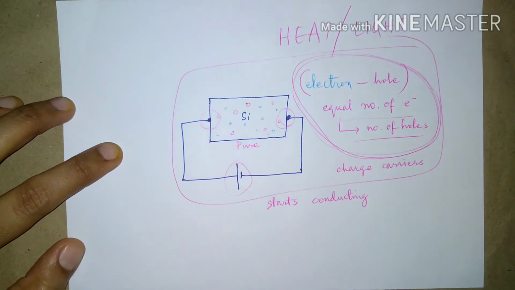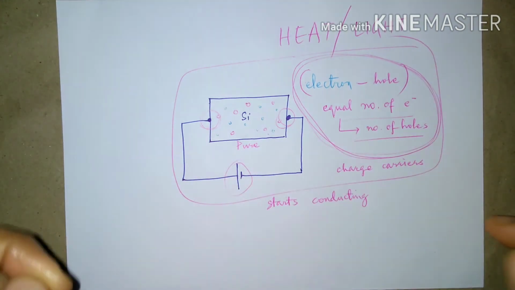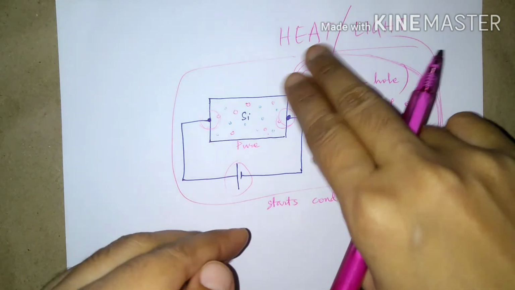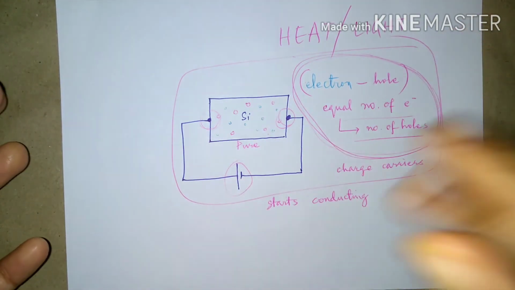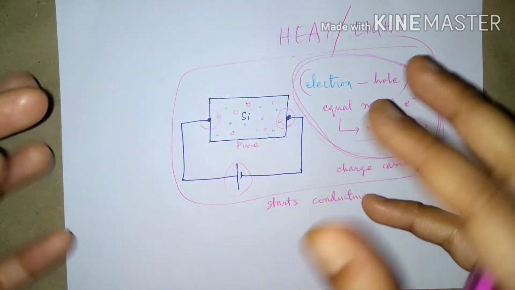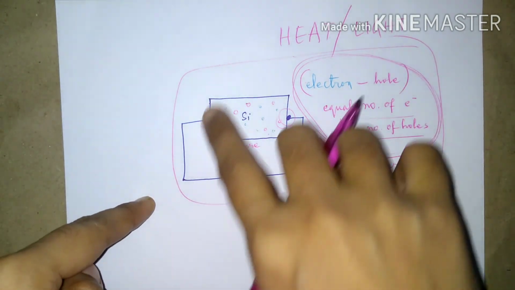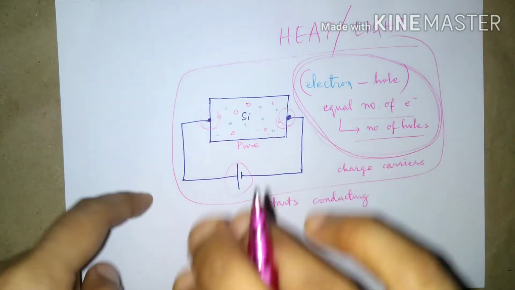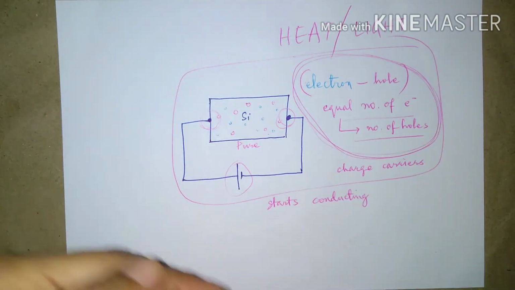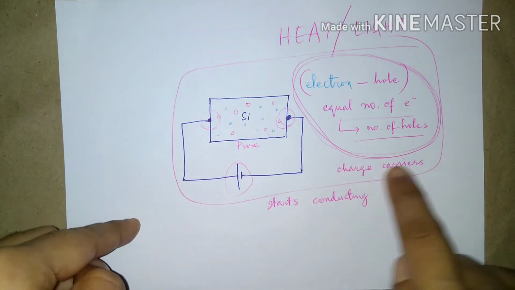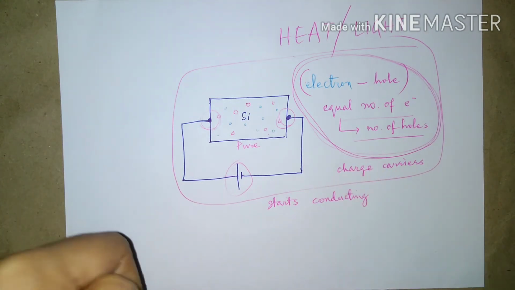I don't have a clear idea regarding how it behaves then, but whenever it is at room temperature or whenever light is shone upon that particular piece, atoms on it get energized and electrons come out of those shells, creating all these charge carriers which we are discussing.